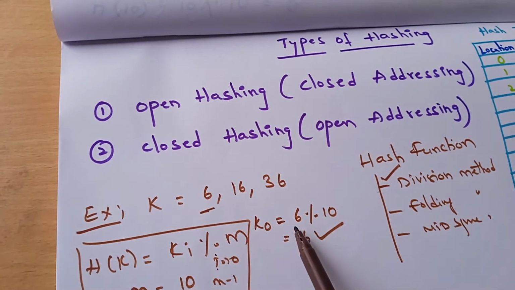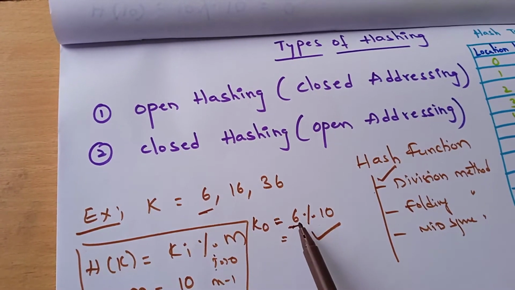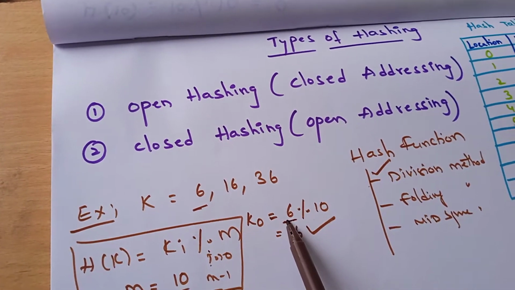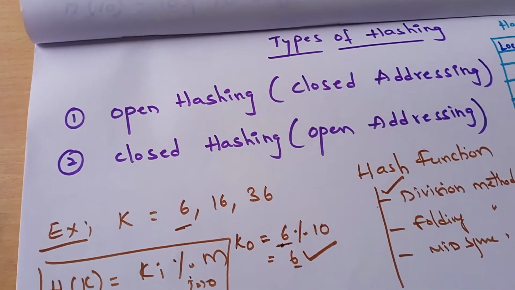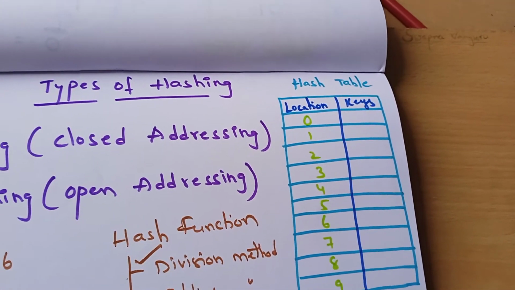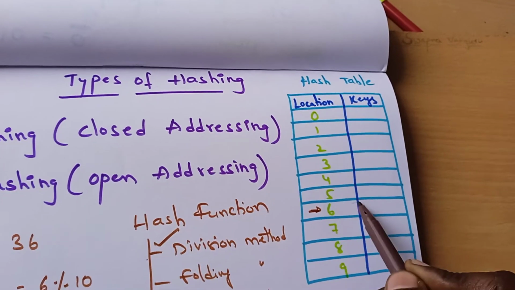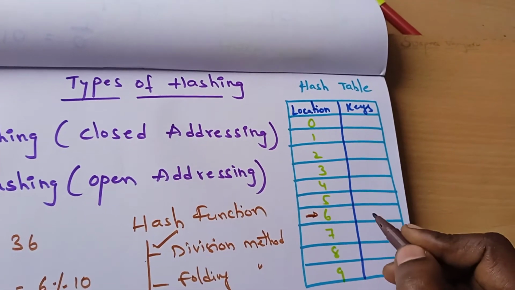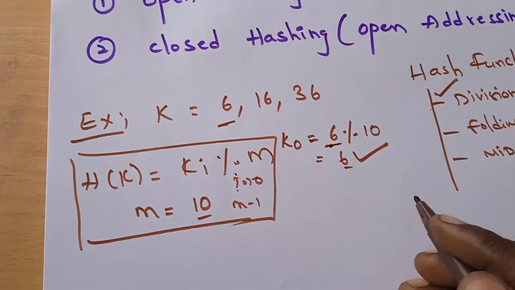That is the 6 element. 6 is my key, which has to be placed in location 6. Now find the hash table. Here it is, our hash table. In my hash table, find location 6 to store 6. 6 is my key. Okay, right.